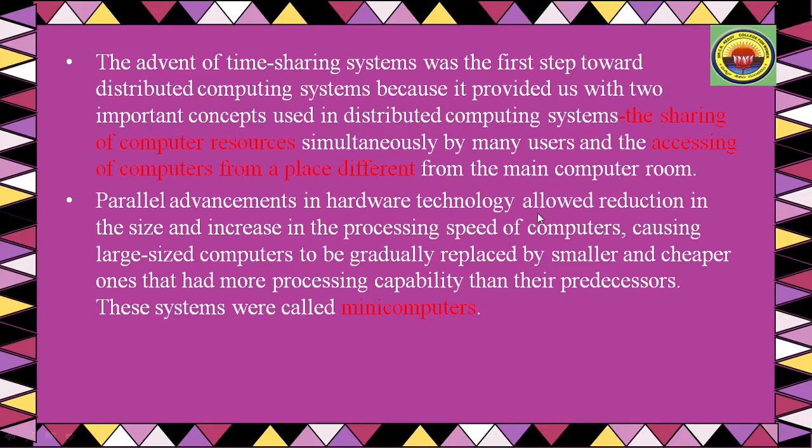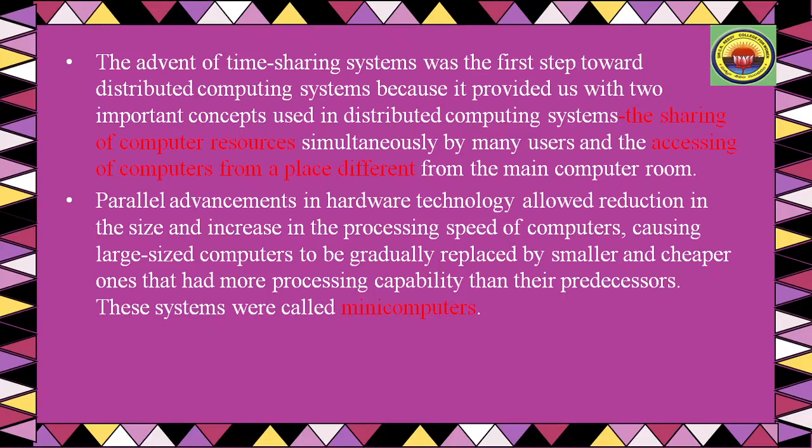With the help of technology improvements in hardware, the size of the computers decreased. Hardware is improving, so there is an increase in the processing speed of the computers, and they were replaced by smaller and cheaper ones.